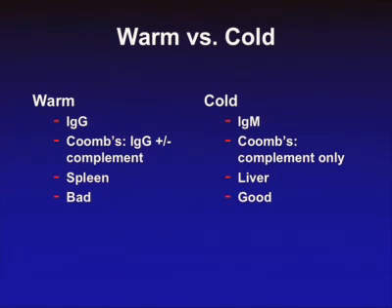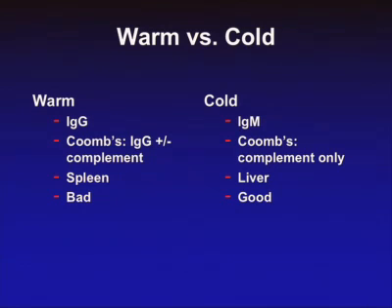This hemolysis is happening more in the spleen than the liver, so if we end up with a very bad case of warm autoimmune hemolytic anemia that we can't control with medications, these kids can benefit from splenectomy ultimately. Cold autoimmune hemolytic anemia, typically IgM, this is happening more often in the liver. These patients by far do not behave as badly as the warm people. That's usually a self-limited phenomenon, the cold autoimmune hemolytic anemia.